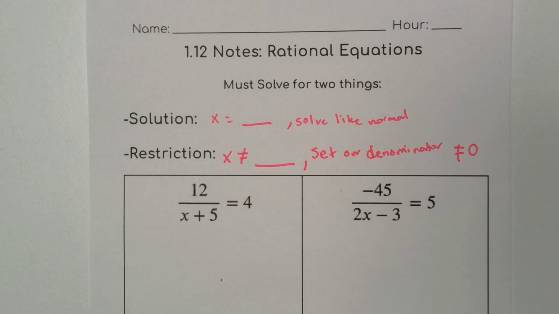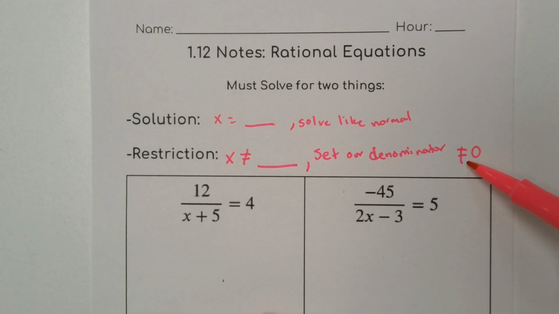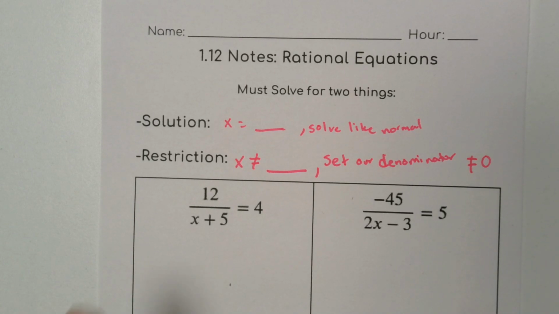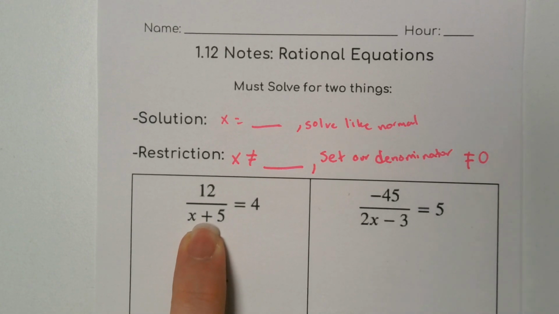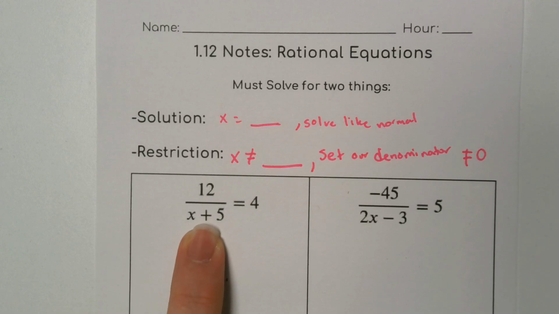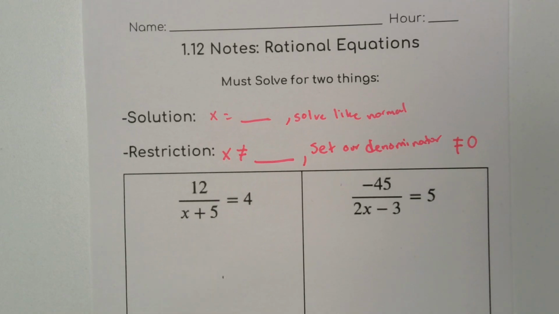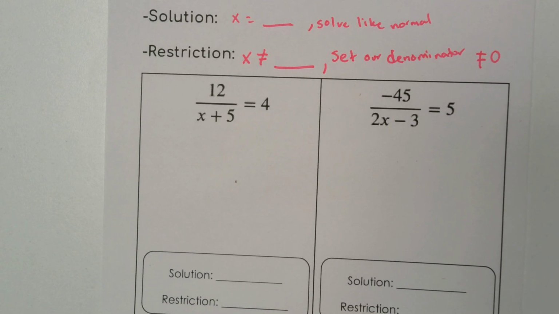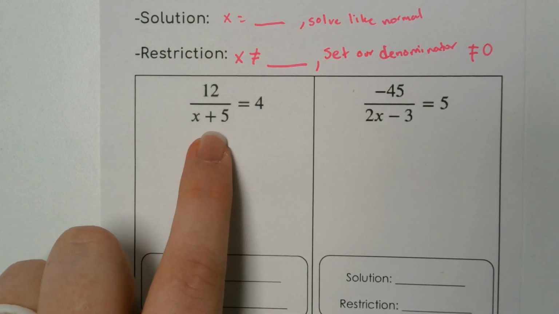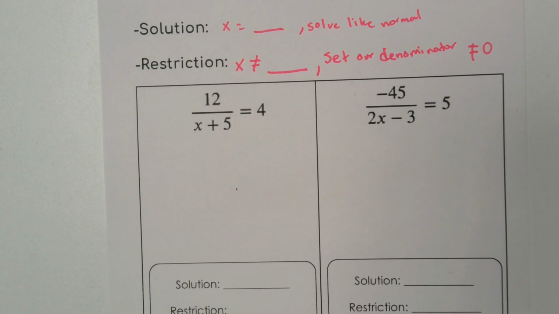No, that's impossible because there's nothing there. So that's why we set it not equal to 0, because we can't have that denominator equal to 0, because anything divided by 0 is an error. It's not possible. Okay, so first things first, we're going to solve it like normal to get our solution.